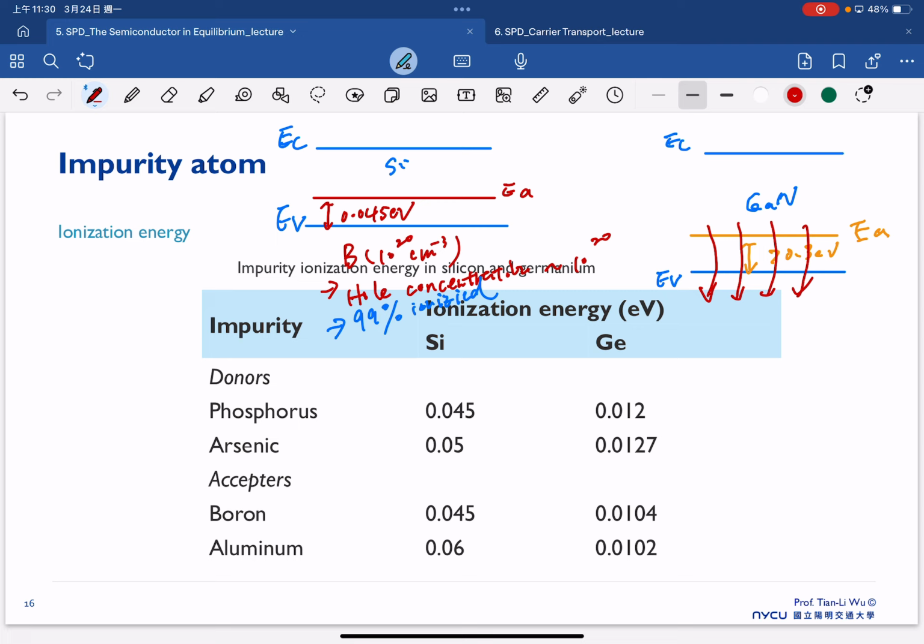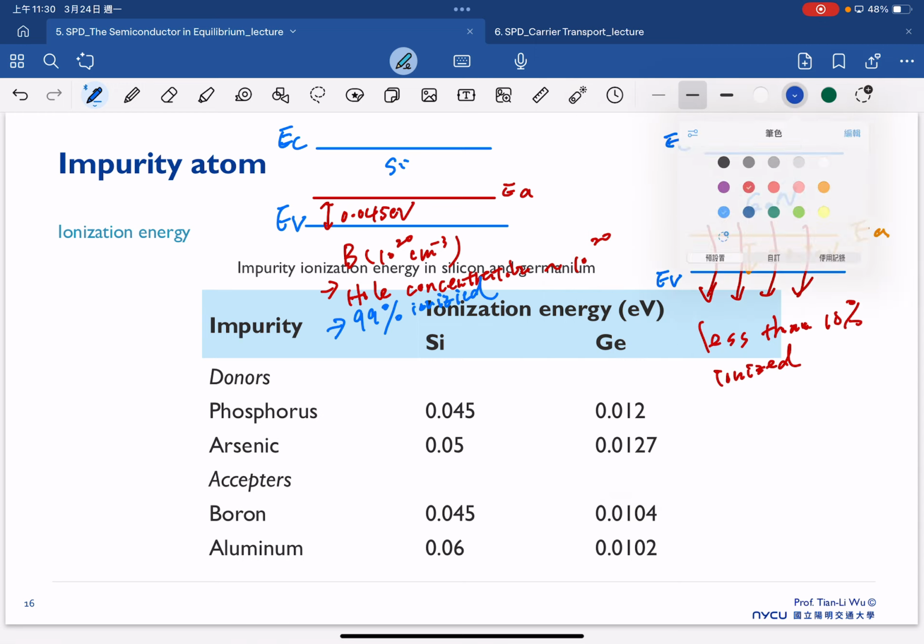And in this case, we get less than 10% ionized. So what does it mean that less than 10% are ionized? That means in the case of gallium nitride, we normally dope magnesium as an acceptor.